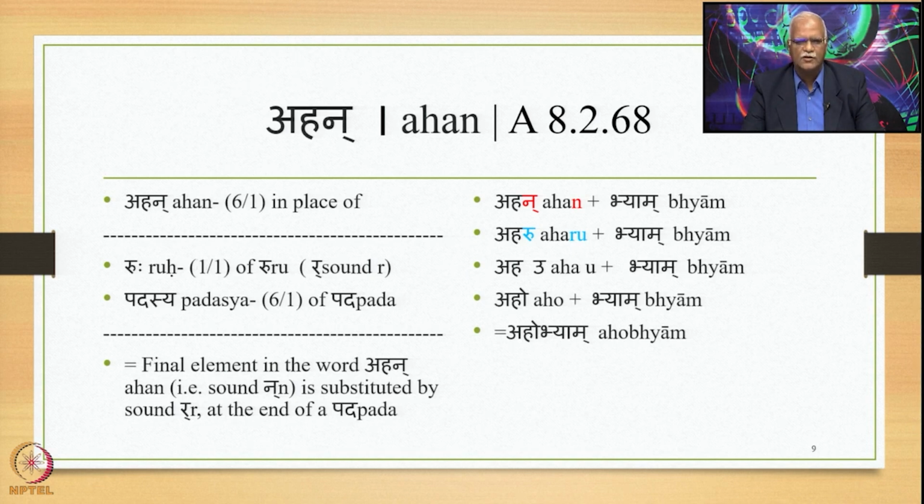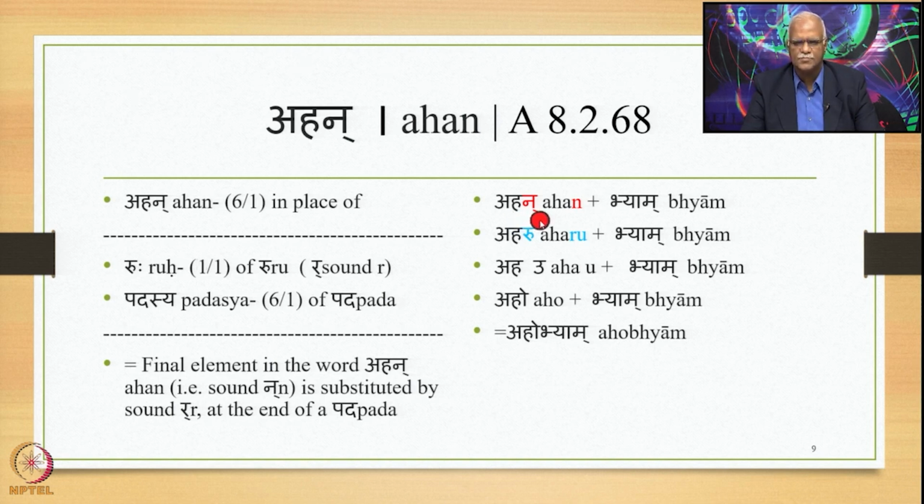So I repeat, the final element in the word Ahan, that is sound N, is substituted by sound R, and that is at the end of a pada. So here we have a case Ahan plus Bhyam, where Bhyam is a consonant beginning suffix, and so Ahan gets the term internal pada. So this N comes at the end of the pada.